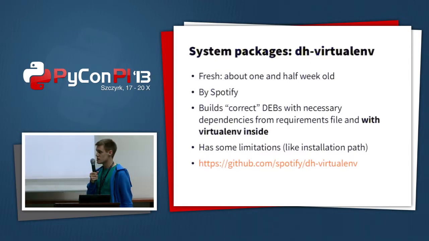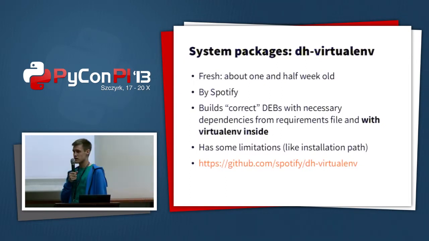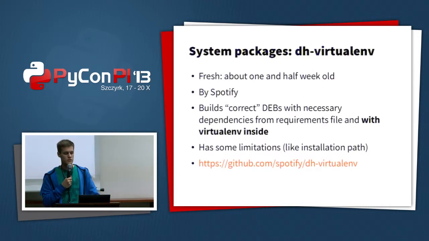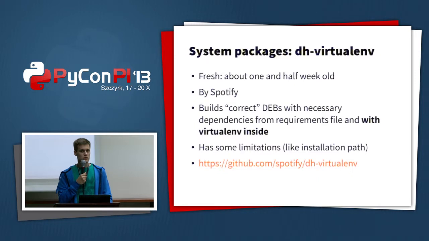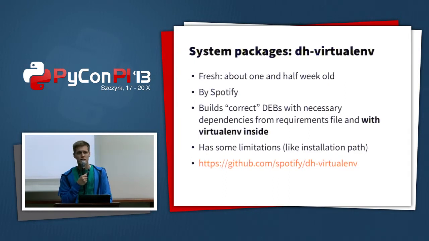This is actually about 1.5 weeks old. DH Virtualenv was released recently by Spotify. It's software for the Debian packaging toolchain, which builds proper debs and builds them with a virtual env inside. So yeah, that utopia I was talking about, it's really taking shape. It has some limitations, mostly regarding paths.